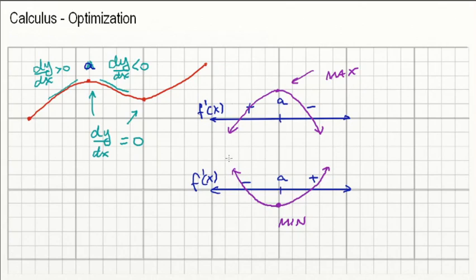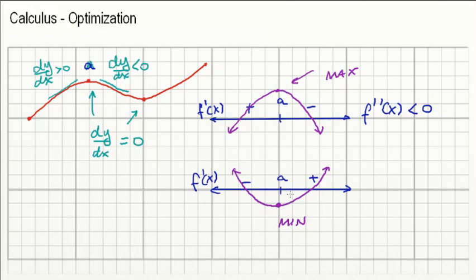Now the sign diagrams are not 100% necessary here because you have another way of checking for local minimum or maximum. There's another way basically for you to find out if the curvature is downwards or upwards, and that's by taking the second derivative. So if you take the second derivative of a curve which is concave downwards, your second derivative will be negative.